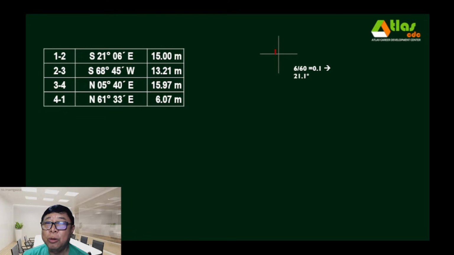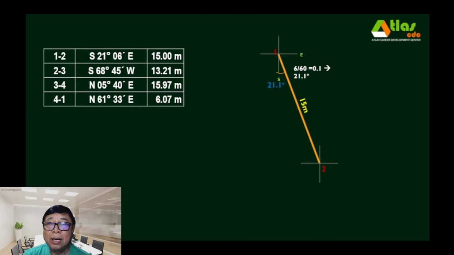Then we add it with 21 so that we'll have a total of 21.1 degrees. Our direction is south going east, so that is a counterclockwise direction for your angle, and that will be your 21.1 degrees south going east. And then we draw the line of 15 meters length going to point 2.